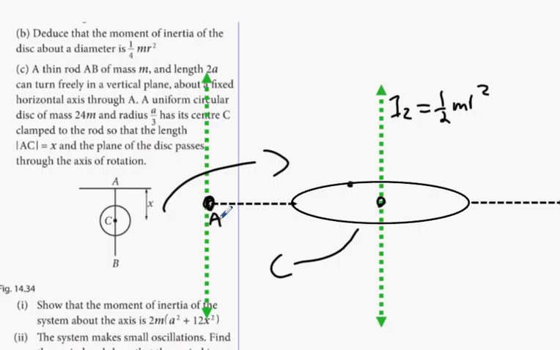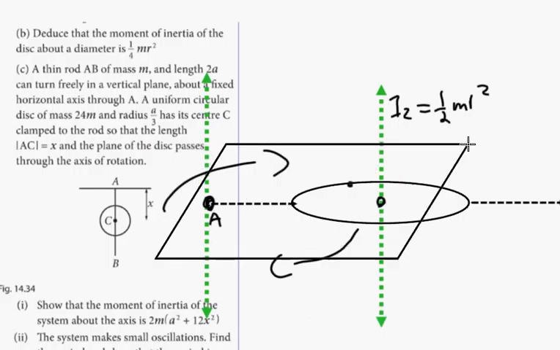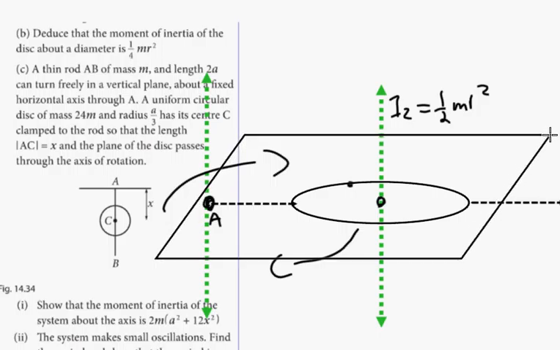Now, it's not the question that's on the board, but what type of question lends itself to where you're not talking about it being in a horizontal plane like this? I'll just use my parallelogram. You're not talking about it being in this plane here, which is coming out of the board. You're talking about it being in a plane that's the plane of the board itself. So you're talking more like this.